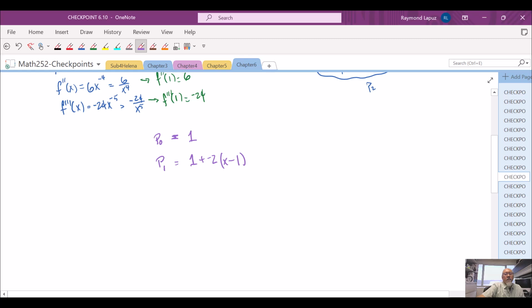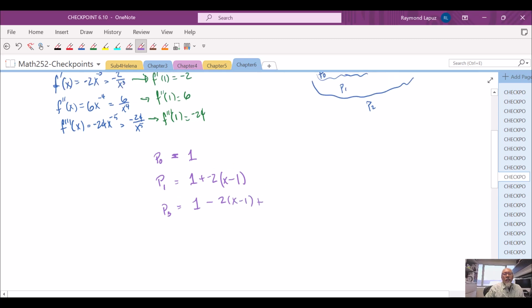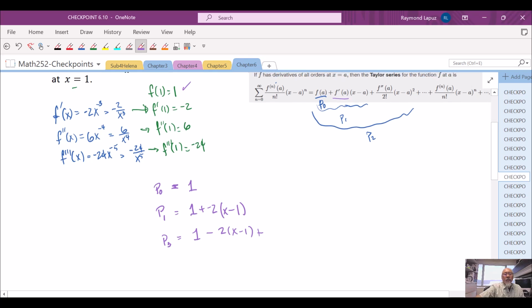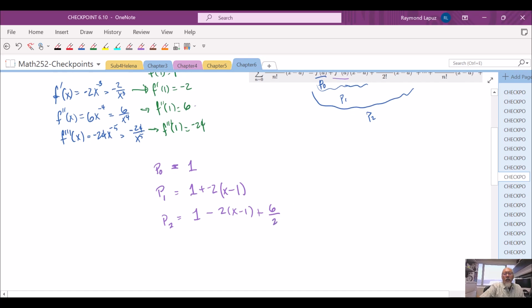I'll leave it like that. p sub 3 is going to be the same thing, except we have to add on the third, oops, I'm sorry, this is p sub 2. We need to put the second derivative, and then we're dividing that by 2. So this is going to be 6 divided by 2 factorial, which is equal to 3. And we're going to multiply this by x minus 1 to the second power.